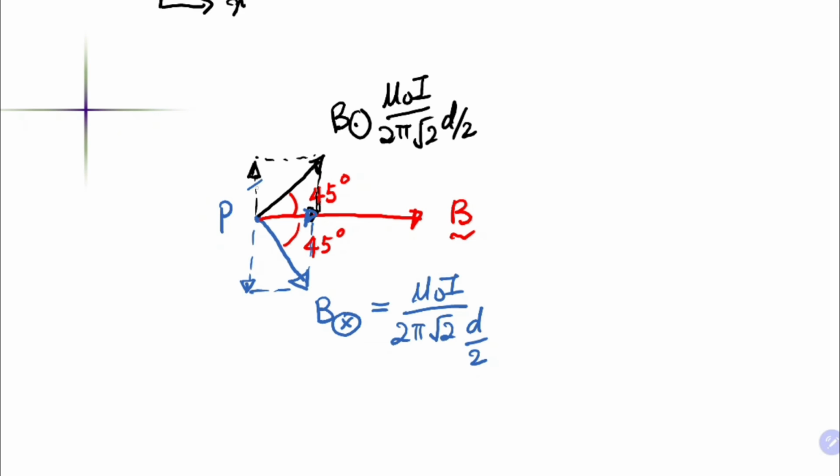This and this are the same, and therefore resolve into 0. And therefore we can say that B is equal to cos 45 plus cos 45.